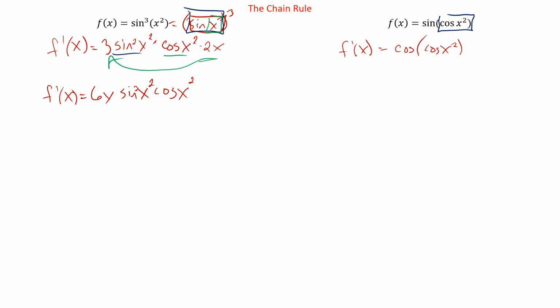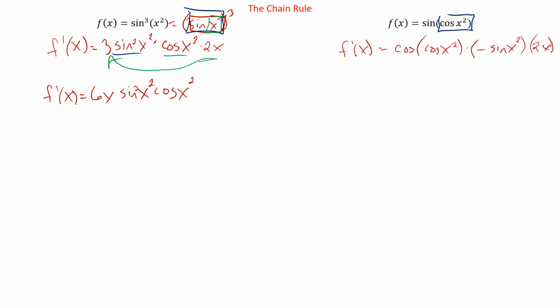So the derivative of sine of something was cosine of something times the derivative of the something. Well, that something is cosine x squared. What's the derivative of cosine of something? Negative sine of something. And that's x squared still. And then times the derivative of that something, 2x.